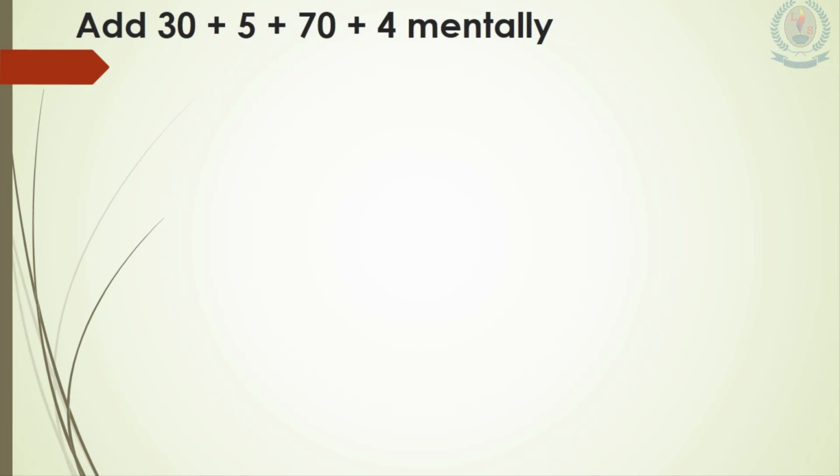Now let's add 30 plus 5 plus 70 plus 4 mentally. There are 4 numbers, but no need to be worried. That is very simple. Here it's clear there are two multiples of 10s which make 100.